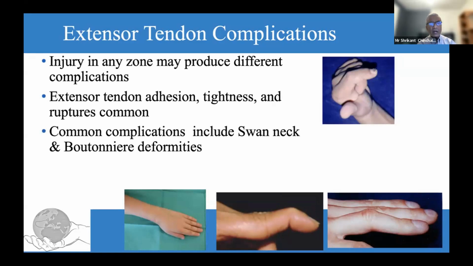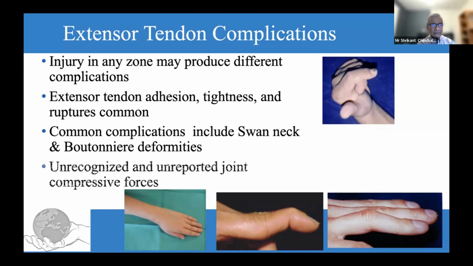However, besides these common complications, such as swan neck and boutonniere deformities, there are others that challenge us even more. We never considered unrecognized or unreported joint compressive forces. For example, in the picture that you see on top, the person had an extensor tendon repair at zone 5 that was immobilized for a 4 to 6 week period of time.